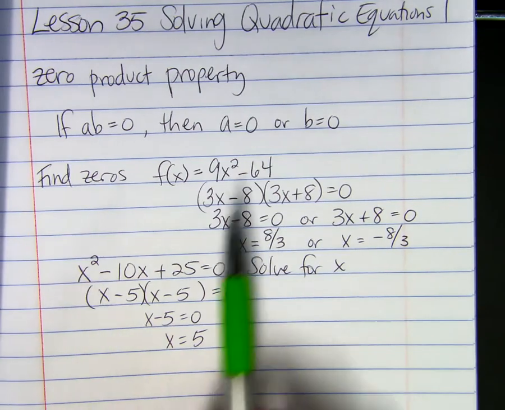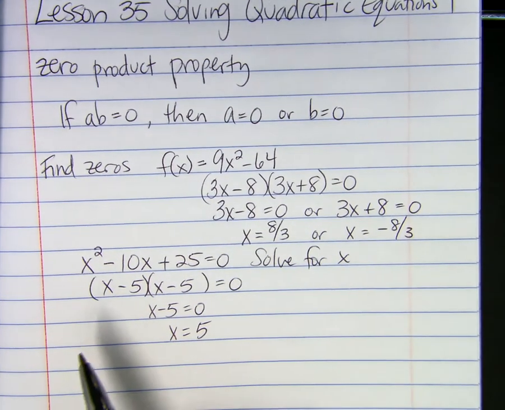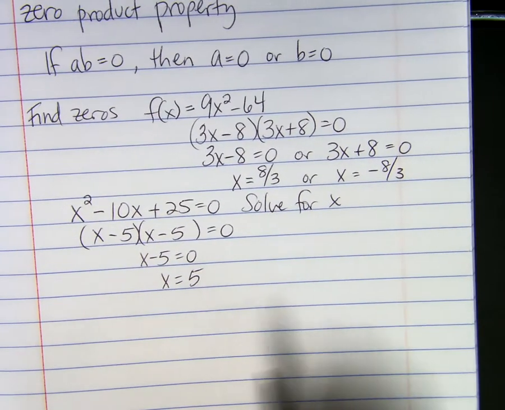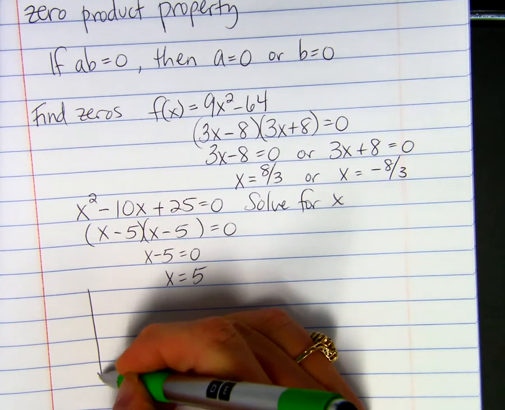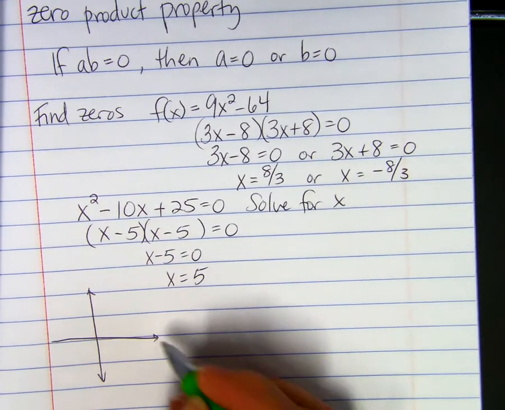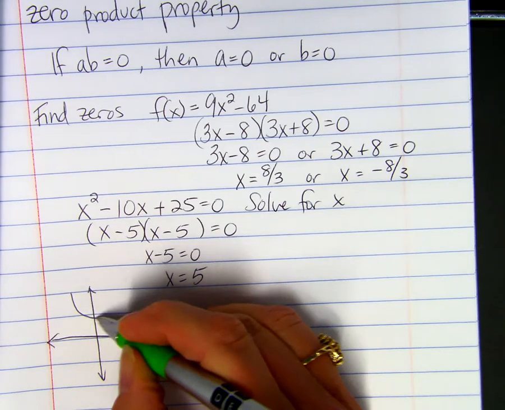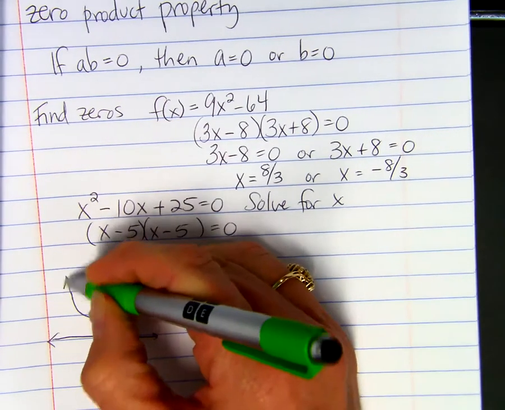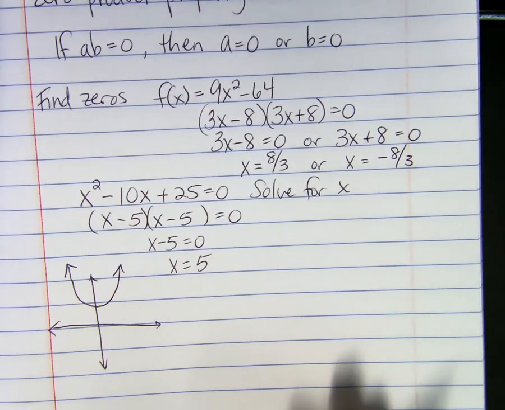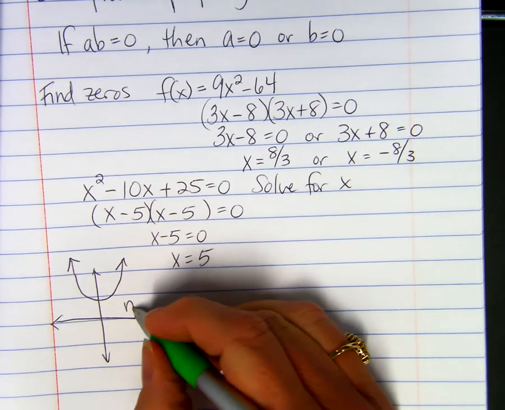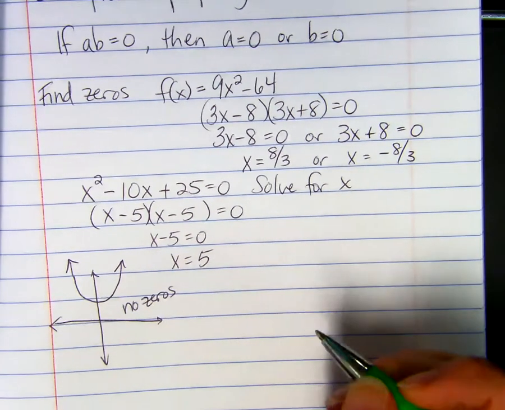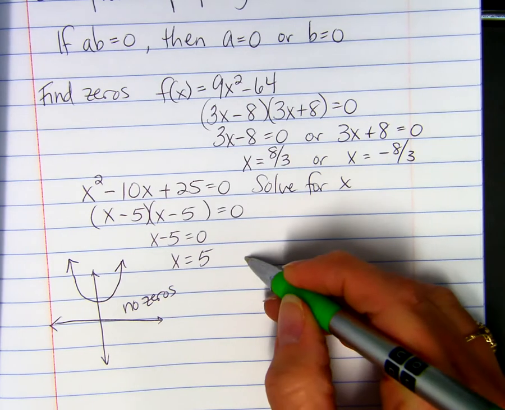These are quadratic functions, which means that they are parabola shaped. If a parabola is above the x-axis opening upwards, or below and going in the opposite direction, so that it's not going to cross the x-axis at all, then there are 0 zeros. So there's no zeros if it doesn't cross the x-axis.